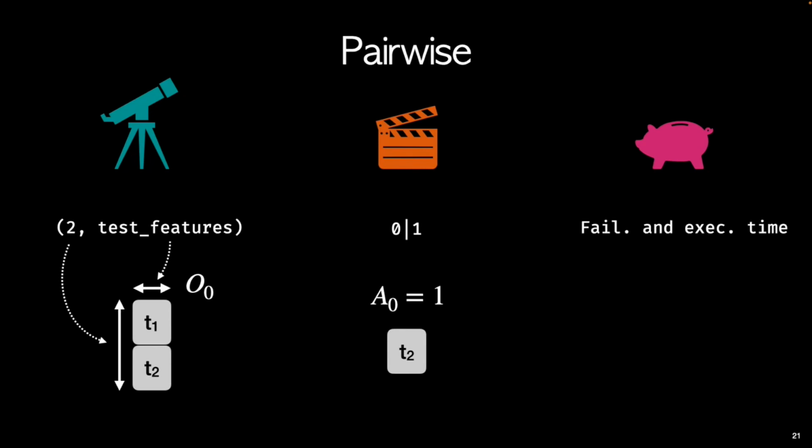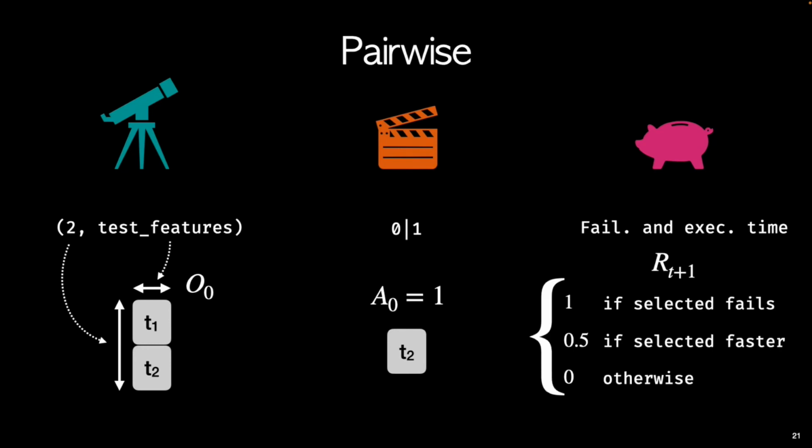The reward function is a bit different than the ones we've seen before. The reward scalar value is 1 if we select a test case that fails while the previous one doesn't.